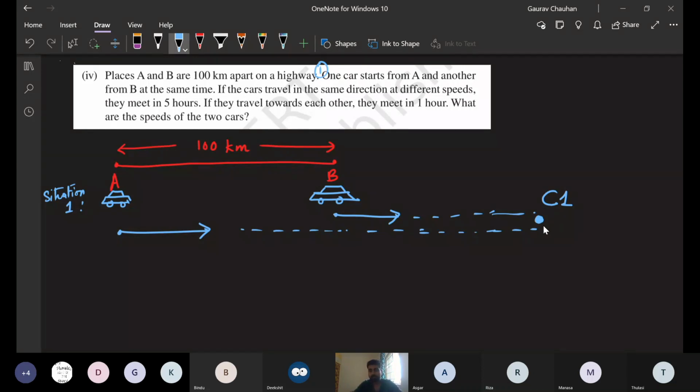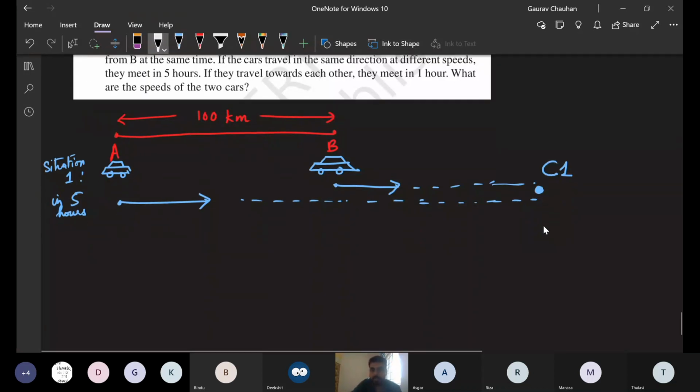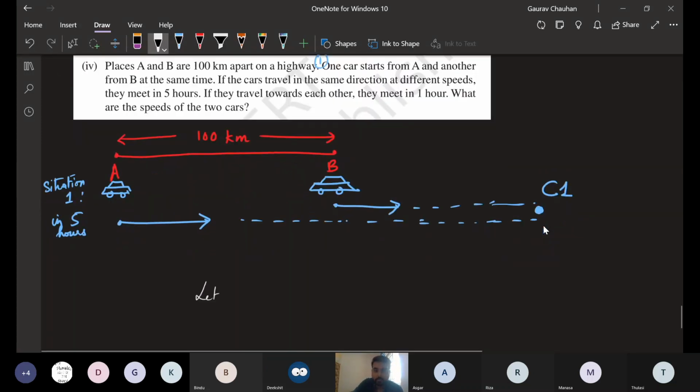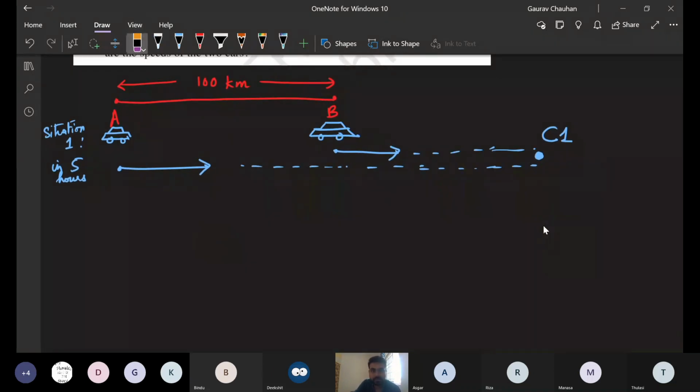Now I have a question. How much time will it take? In 5 hours. Can someone tell me what was Bindu's assumption? Let's go back to Bindu's assumption. Let speed of car starting from A be X kilometer per hour.